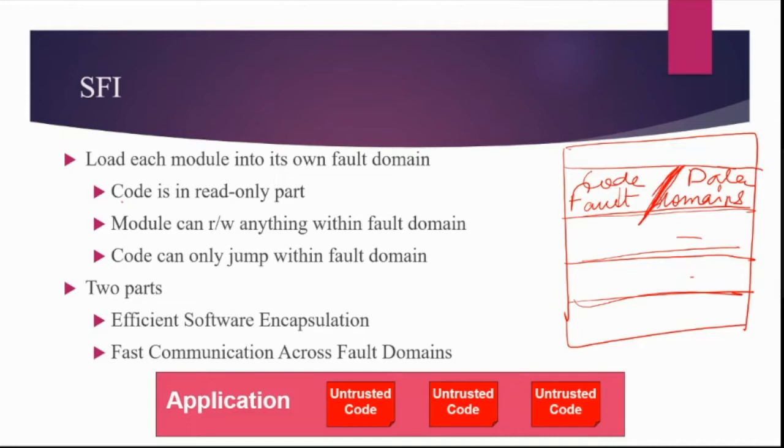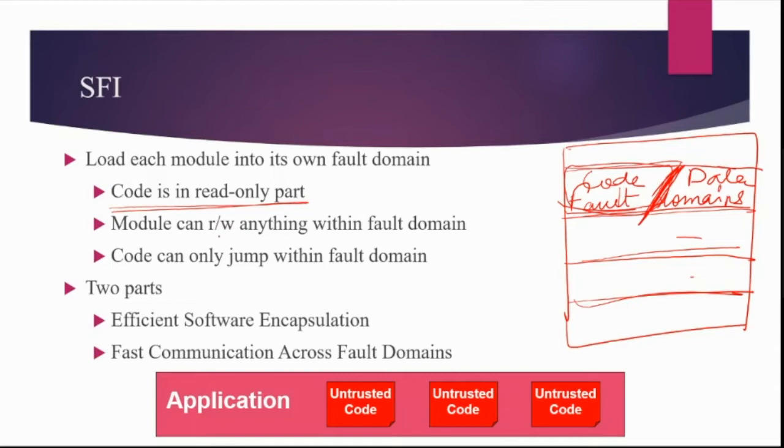The goal is that code is only in the read-only part. You can call this a logical fault domain (LFD). Some part of this LFD is read-only, and there you store the code of the program. So no write to the code part is allowed during runtime.